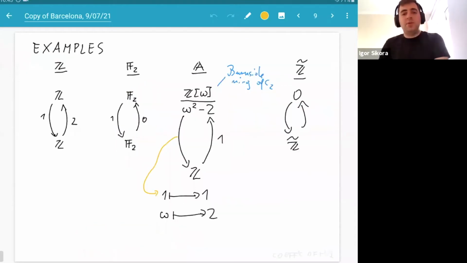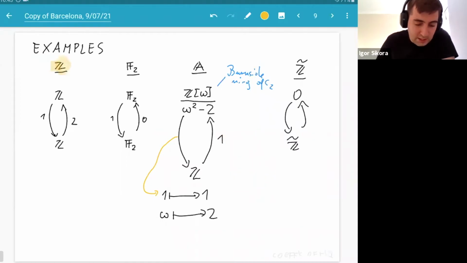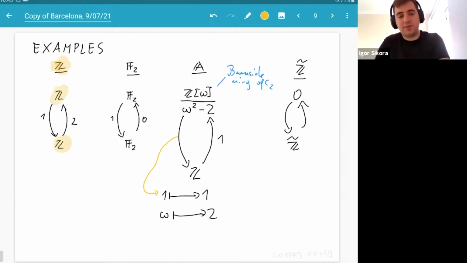Some examples of C2 Mackey functors are the constant Mackey functor on Z. So here on the bottom level we have the integers with the trivial action of C2. On the top level we have again integers, also with the trivial action. The transfer is given by multiplication by 2, and the restriction is given by the identity.